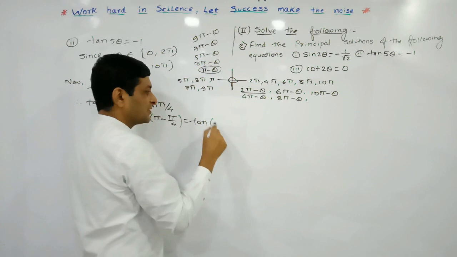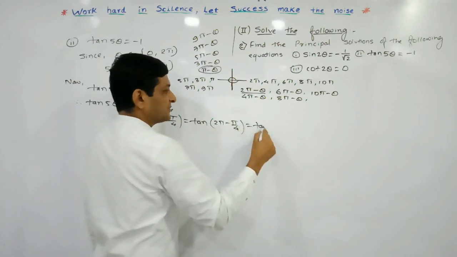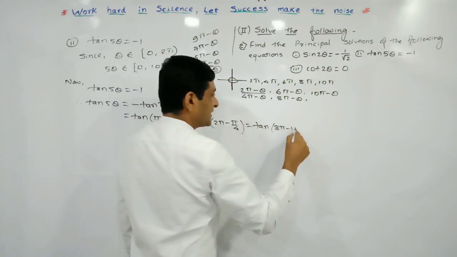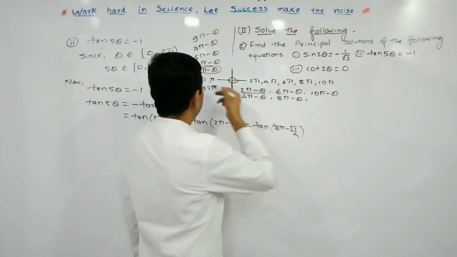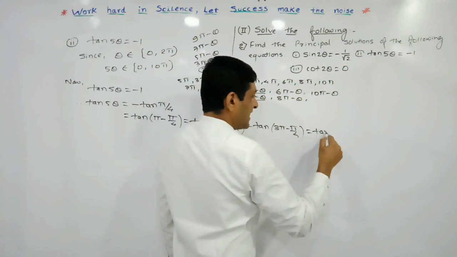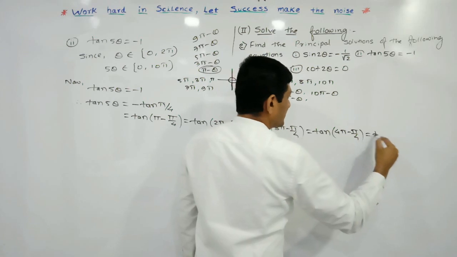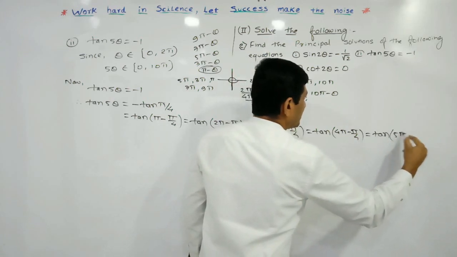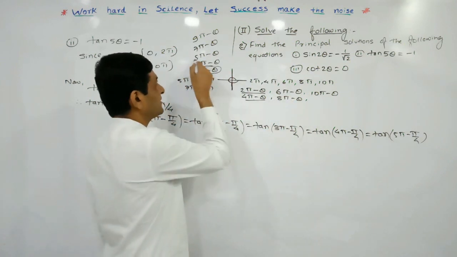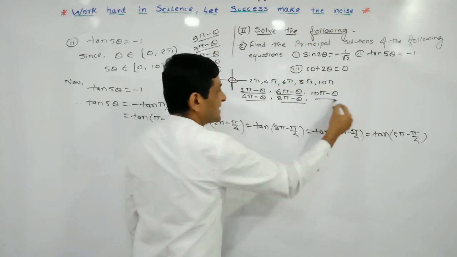Then the second value is tan(2π − π/4), next tan(3π − π/4). Continuing this way, after 3π comes 4π, so tan(4π − π/4), then tan(5π − π/4). After that we get 6, 7, 8, 9, and lastly 10.